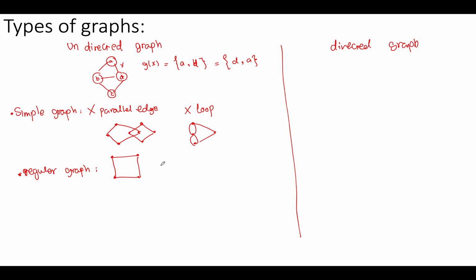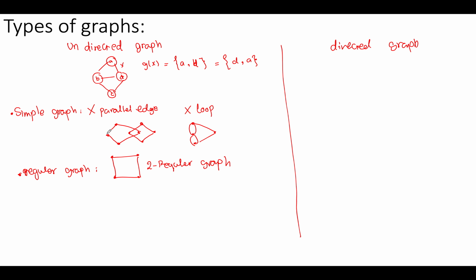So you can see here that we've got a 2-regular graph, which means each vertex in this graph has a degree of 2, so it has 2 connected edges.